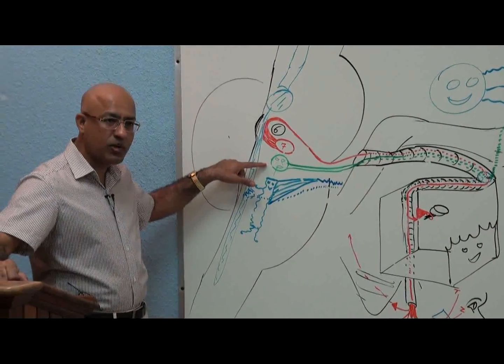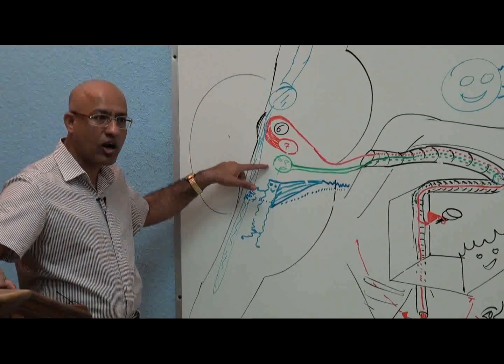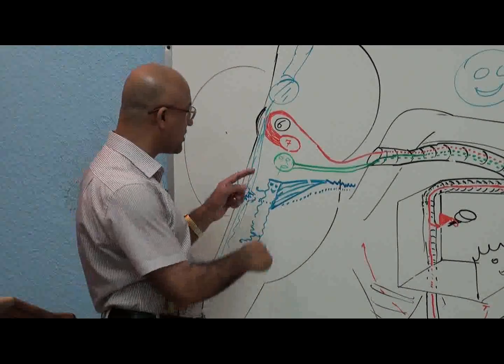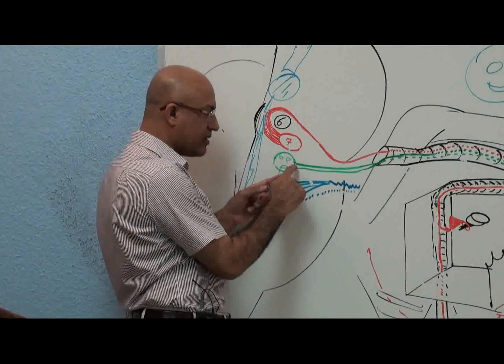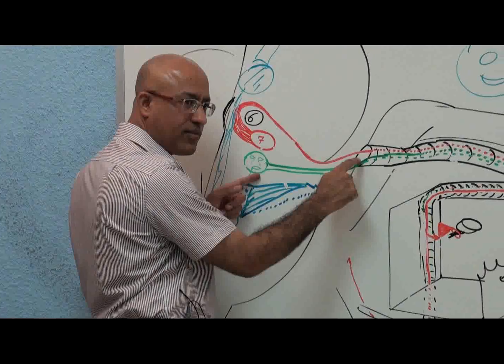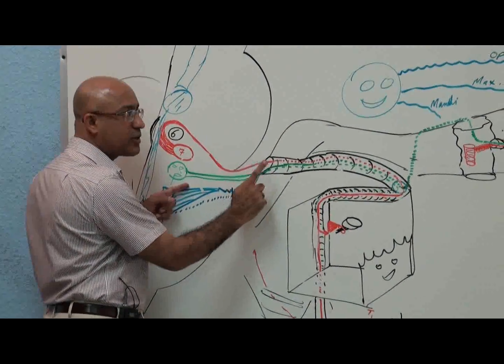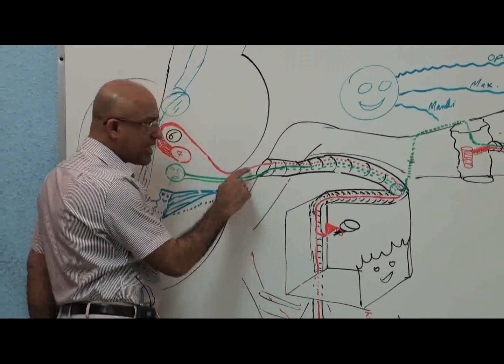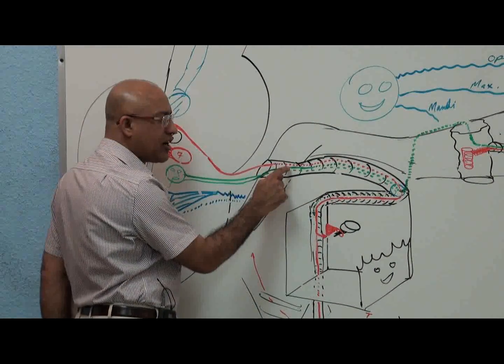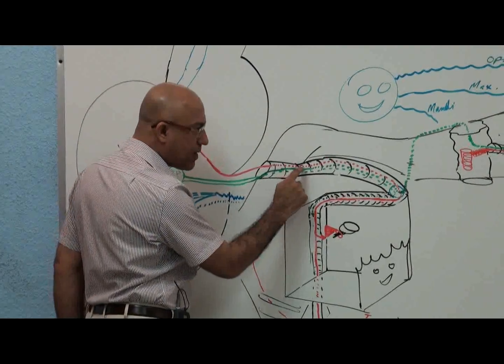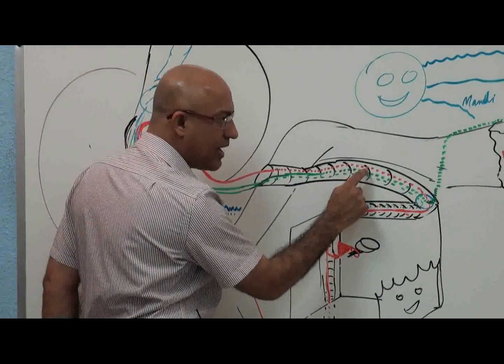The superior salivary nucleus, which is also called the lacrimatory nucleus. Now you tell me what the fibers are. Parasympathetic, preganglionic, because a ganglion is there. Are these preganglionic fibers part of the facial nerve proper or the nervus intermedius? The nervus intermedius.